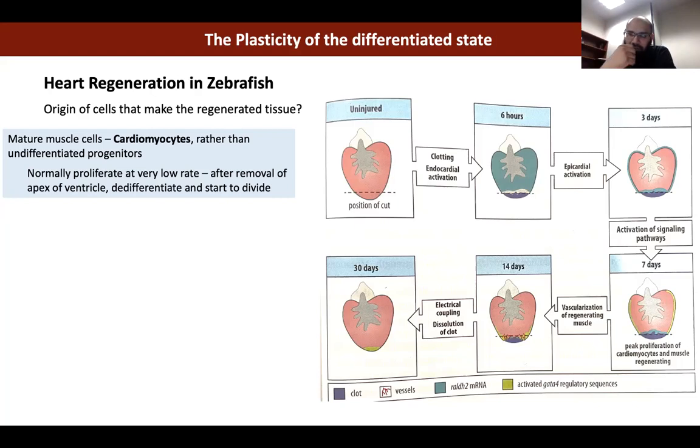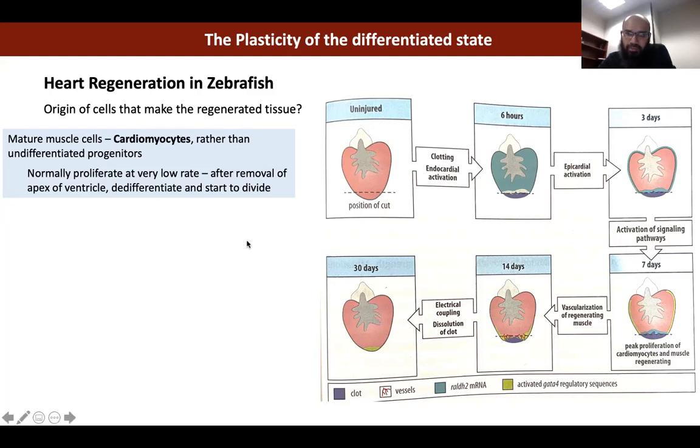Or is it the differentiated cells that first de-differentiated and then re-differentiated? What was found was that it was the mature muscle cells, the cardiomyocytes, that first de-differentiated and then started to divide.